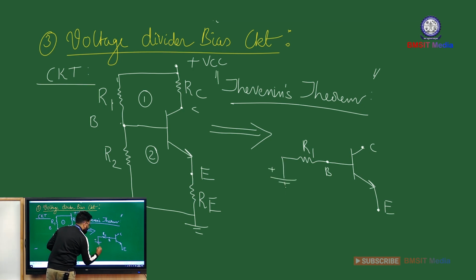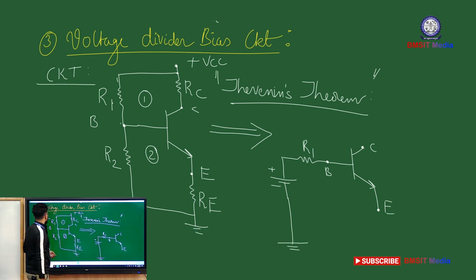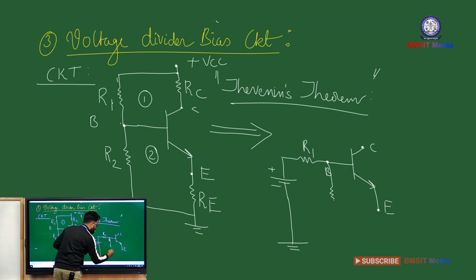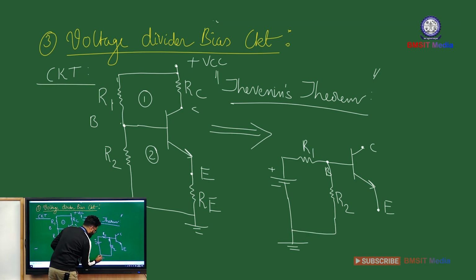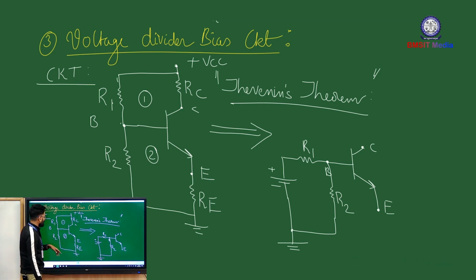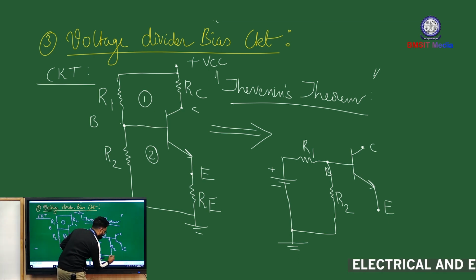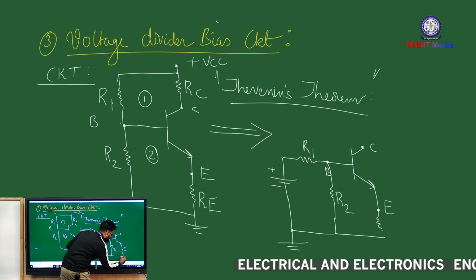And the negative terminal is always grounded, so that is ground. Now let us visit R2. One end of R2 is connected to base. The other end of R2 is connected to ground. And on the emitter side, you have RE, so the emitter terminal is connected to RE, and the other end of RE is grounded.